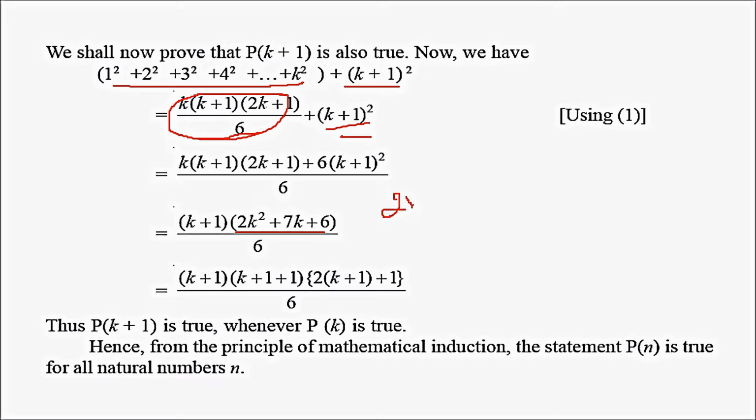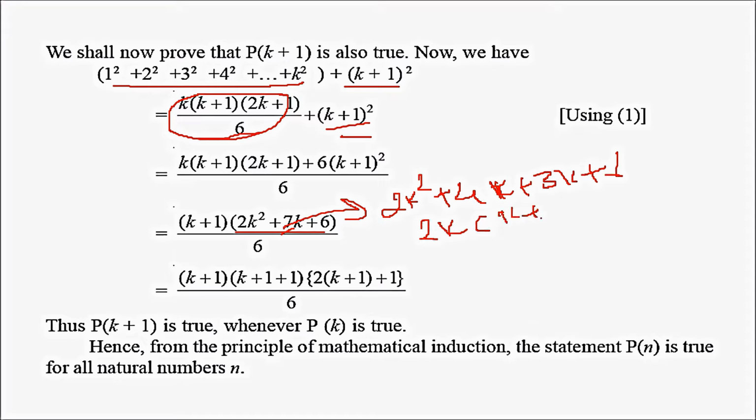So this is 2k squared plus 7k can be split as 4k plus 3k, plus 6. This can be written like this, so it will be equal to 2k(k+2) plus 3(k+2). So the factorized value will be (2k+3)(k+2).